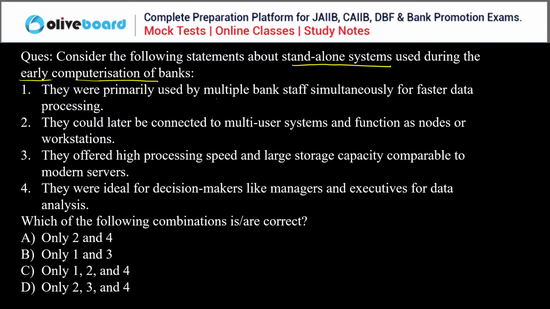They could later be connected to a multi-user system and function as a node or workstation. They offered high processing speed and large storage capacity compared to the modern server. They were ideal for decision makers like managers and executives for data analysis. So, which of the following combinations is or are correct?